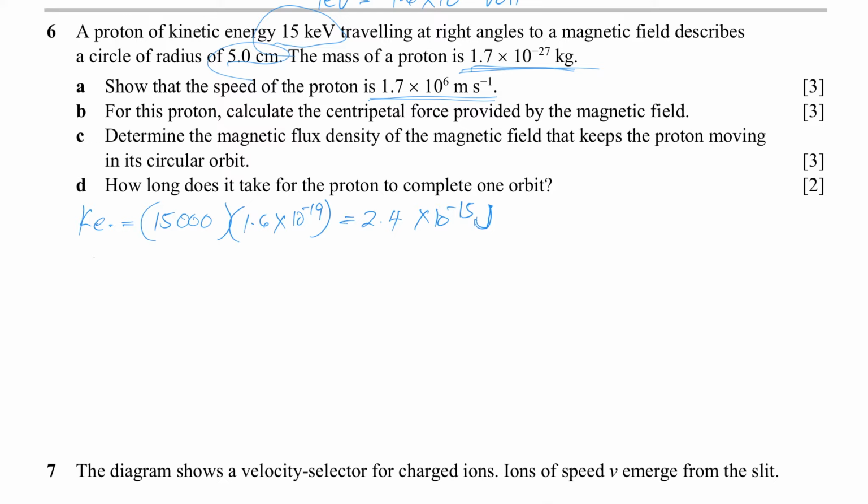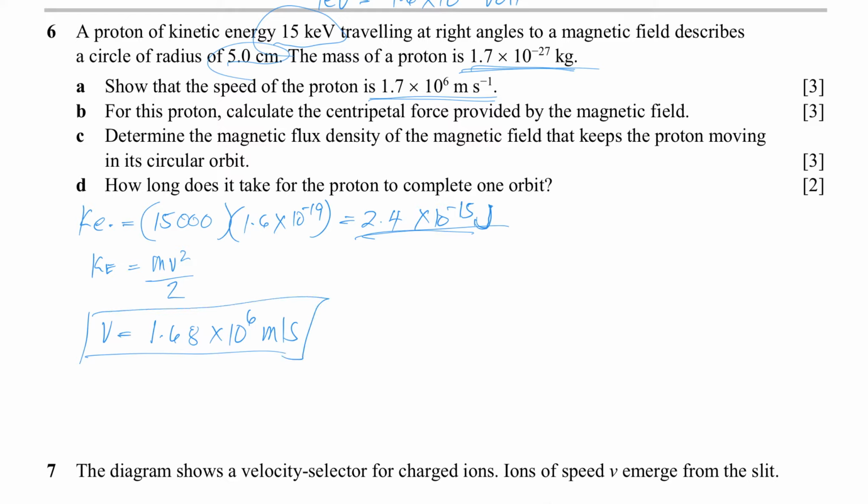Then after that, the formula of kinetic energy is equal to mv squared all over 2. Then you have the value of the kinetic energy, you can find the value of the v. So without showing the details of the calculation, the v would be around 1.68 times 10 to the 6th meter per second. If you round this off, this particular answer is somehow similar to 1.7.